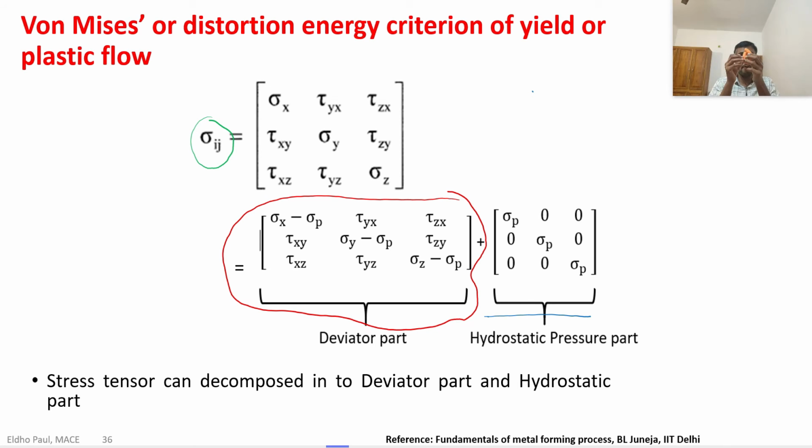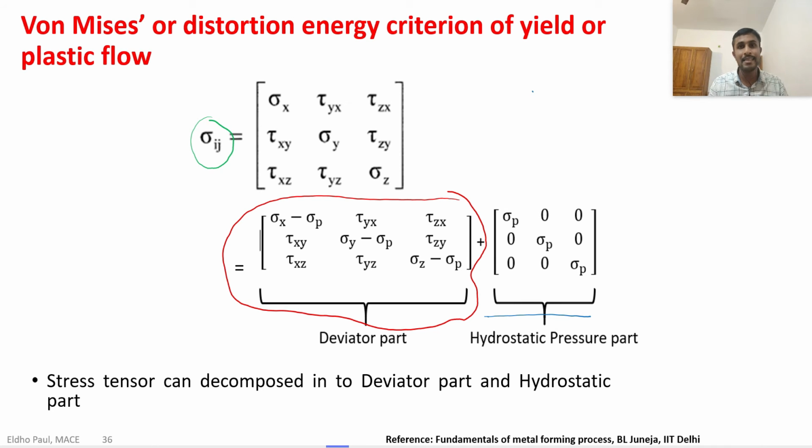During deformation of the raw material, we need to change its shape. Out of sigma ij, the state of stress, the deviator part is used for the shape change, but the hydrostatic part is used only for the volume change.